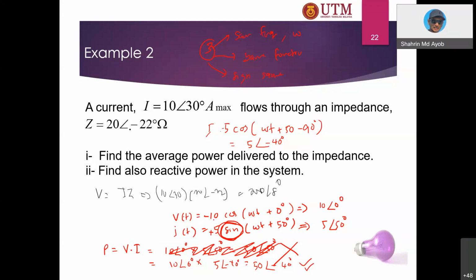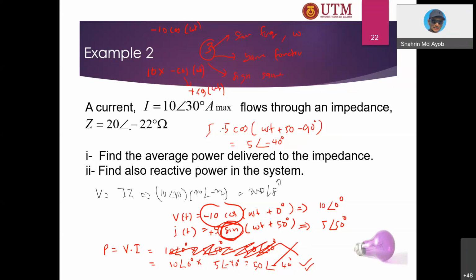So you need to convert, because this negative 10 cos omega t is actually 10 multiplied with negative cos. You need to convert it into positive cos.